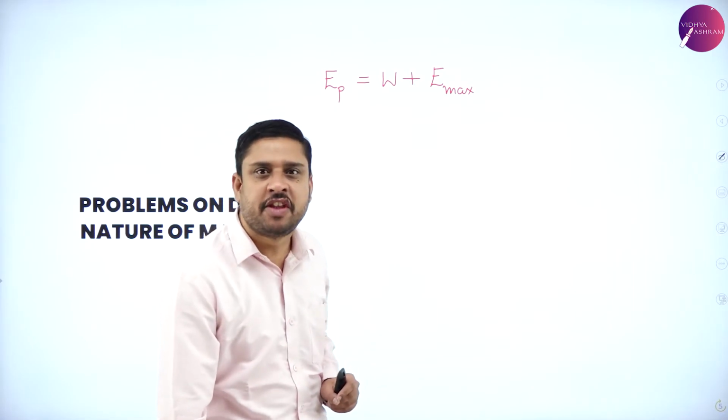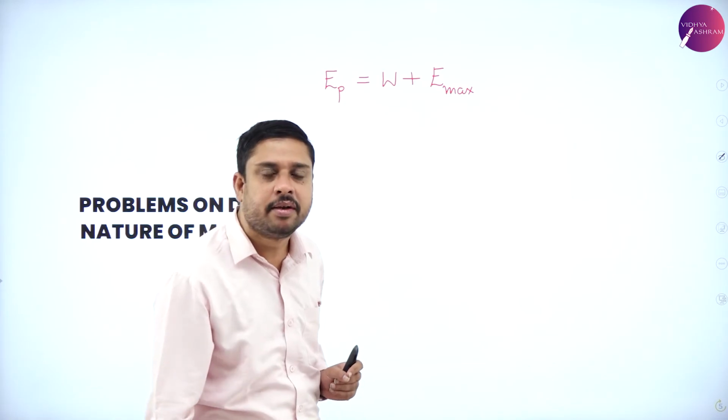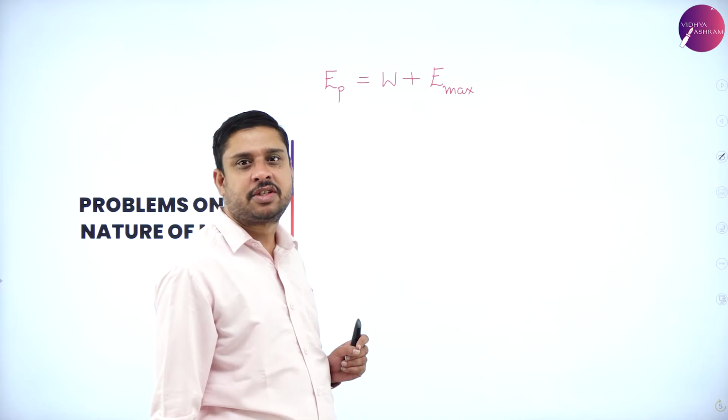So energy of the photon equals work function plus maximum kinetic energy.